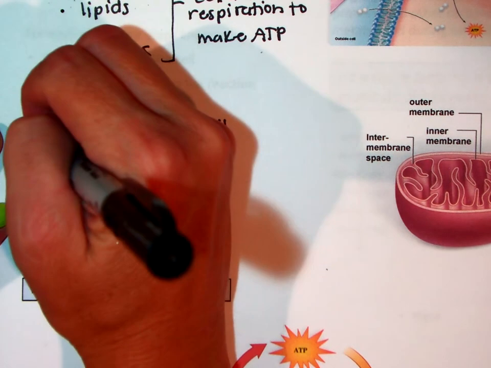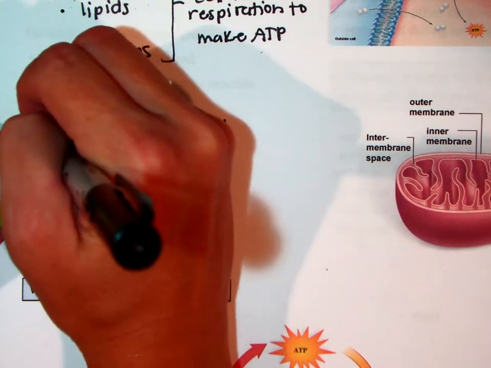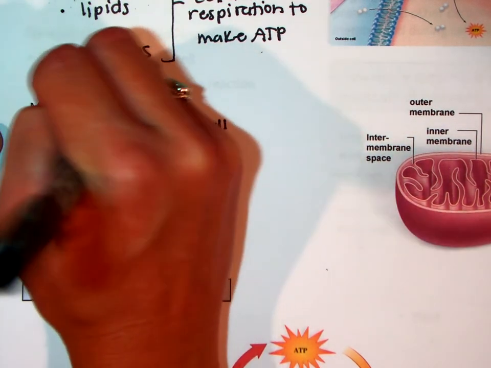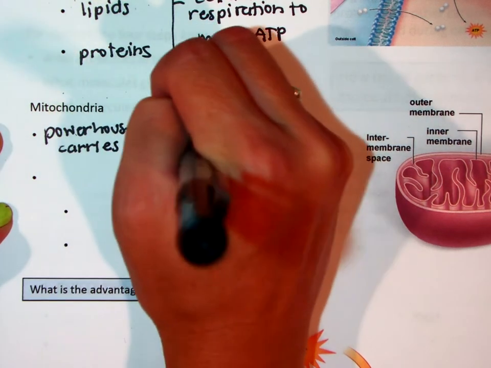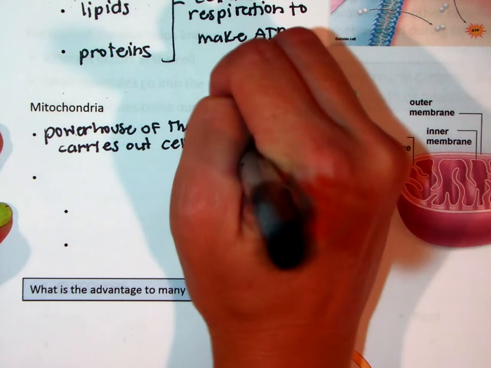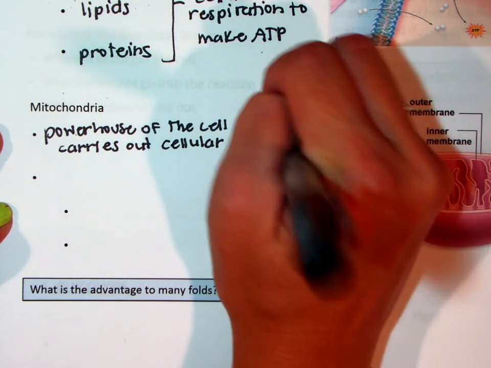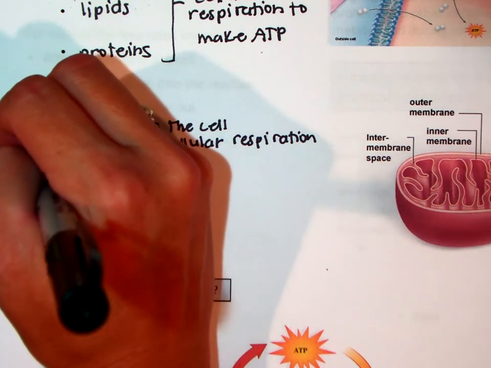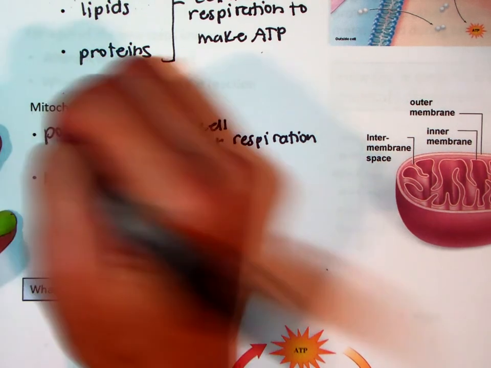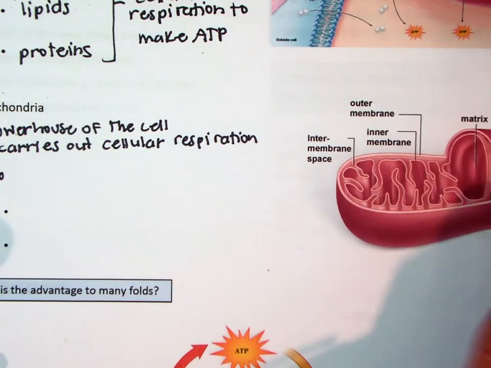So this is where cellular respiration is carried out. So it carries out cellular respiration. And most, not all, but most of the process of cellular respiration occurs in the matrix, in this middle portion of the mitochondria.